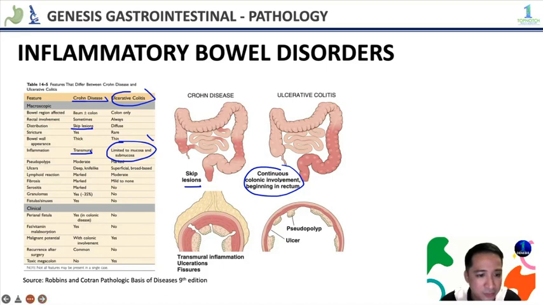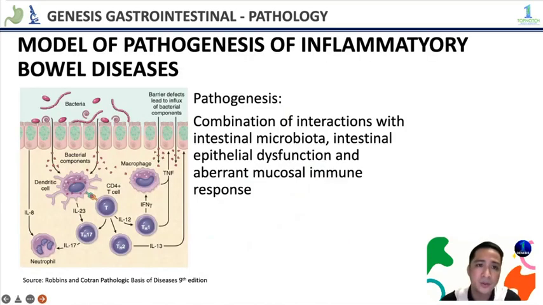Okay, so let's move further for the comparison of the two. The model of pathogenesis of inflammatory bowel disease involves a combination of interaction of the host, intestinal microbiota, and epithelial dysfunction.